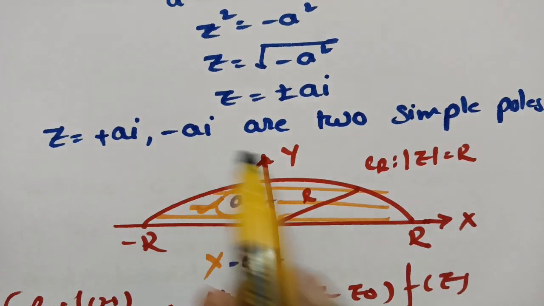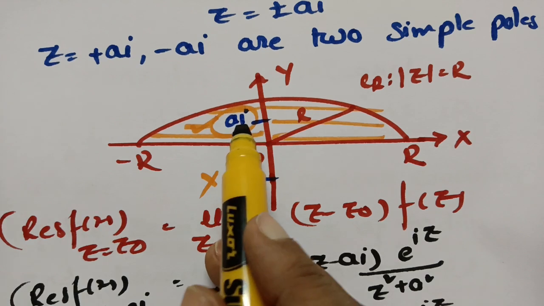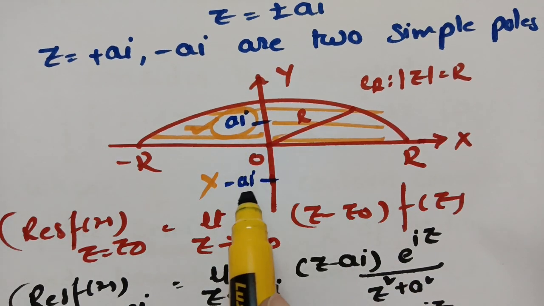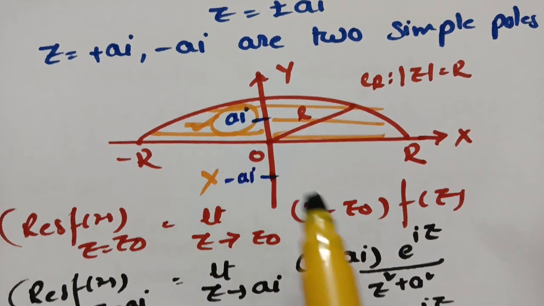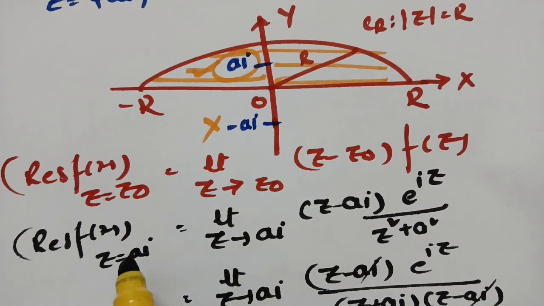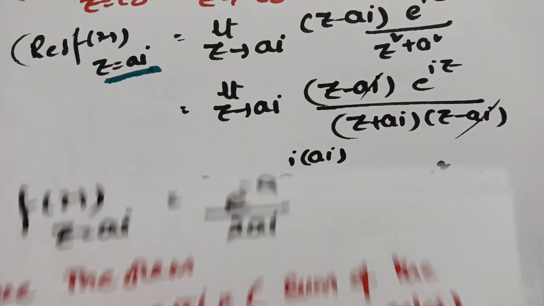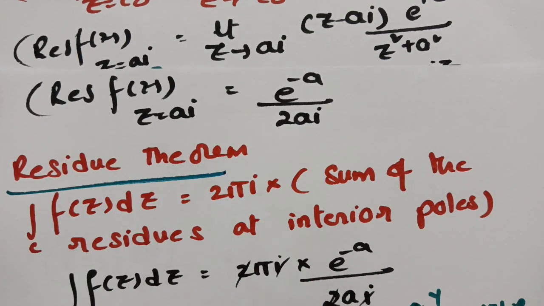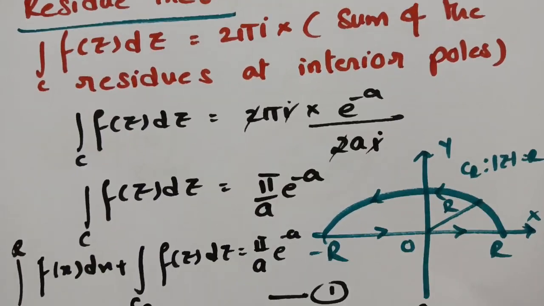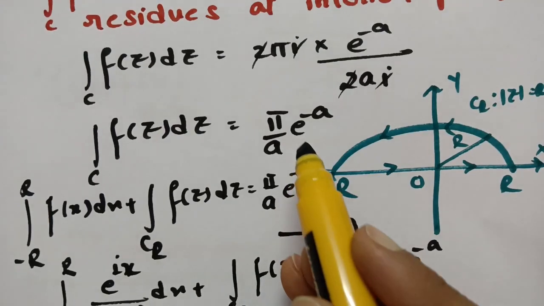These are the two poles; ai is within the closed contour and minus ai is outside. For the interior pole I calculated the residue and applied it in the residue theorem, which gives 2 pi i times the sum of the residues, and this is the final answer.